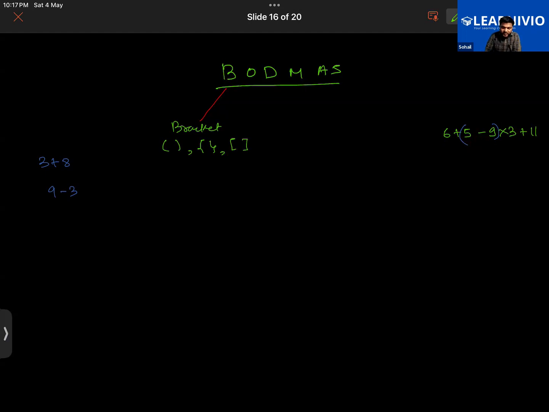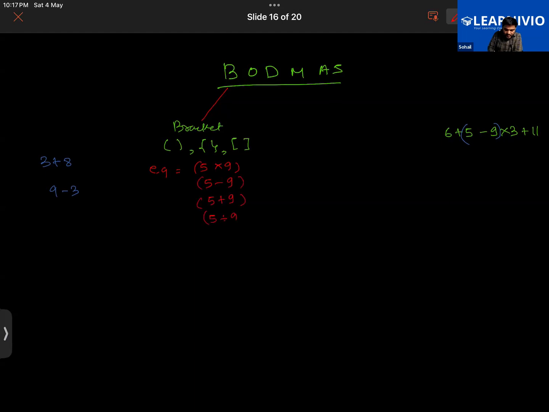So you'll have problems like 5 multiplied 9 under the bracket, or 5 minus 9, or 5 plus 9, or 5 divided by 9. First you have to carry out the operation under the bracket, whatever operation is given. Getting it now?